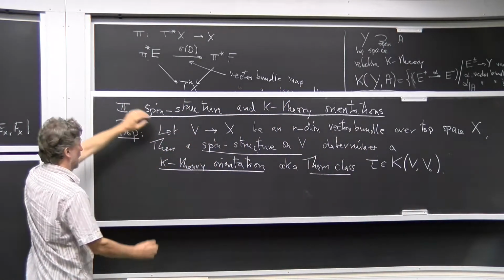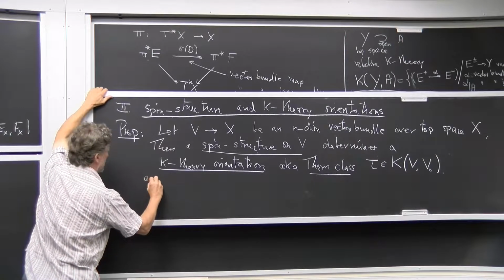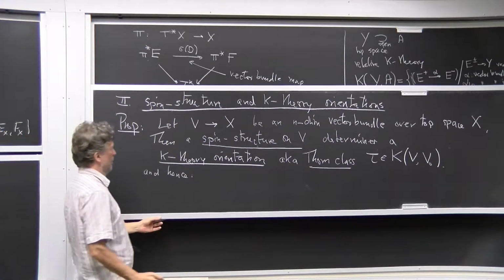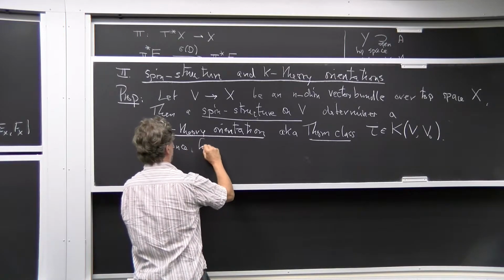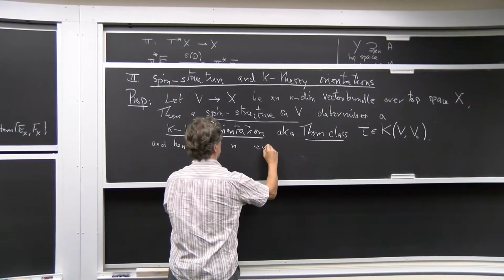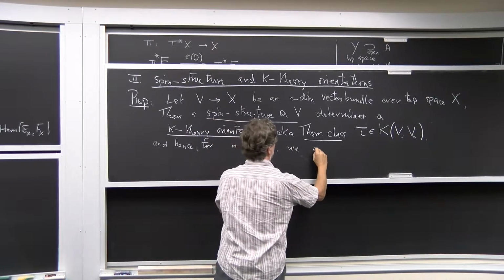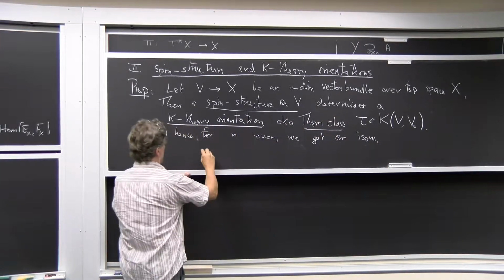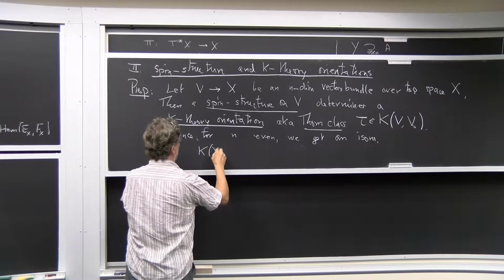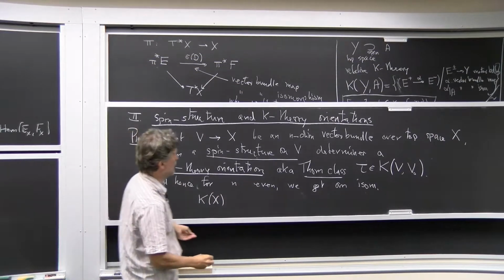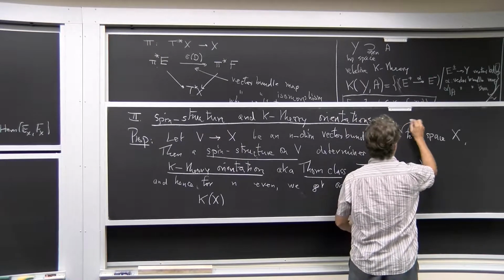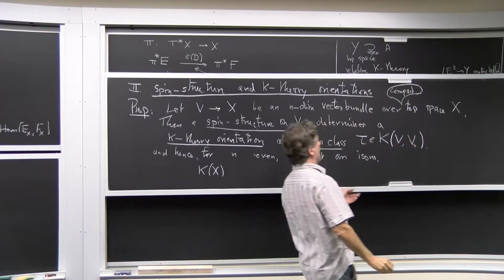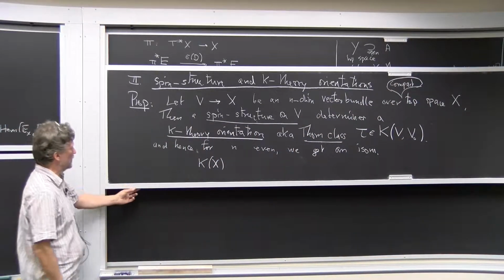And hence you get an isomorphism, and for n even we get an isomorphism between the K-theory of the underlying space X. Oh, and here I need to assume that X is a compact space, so that I can think geometrically of these K-theory groups.